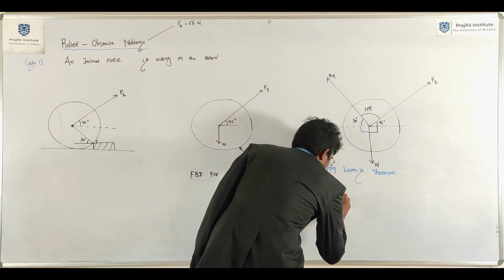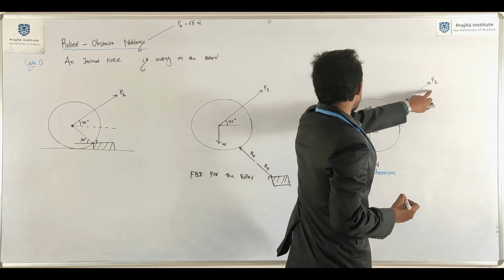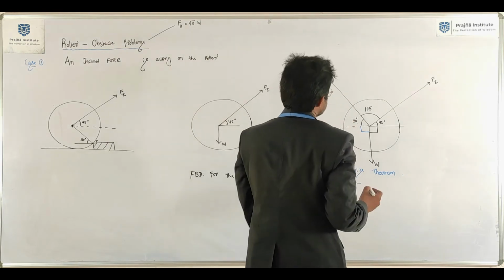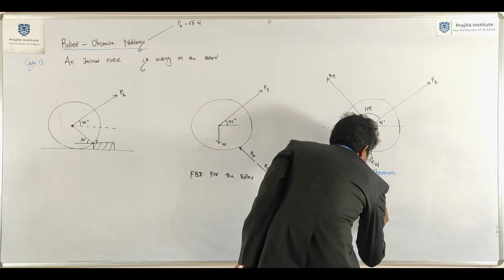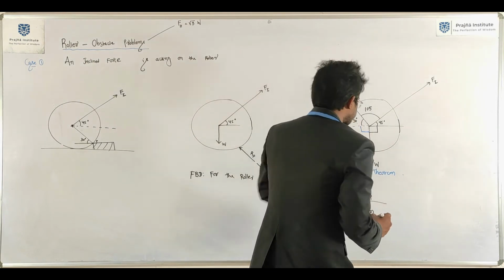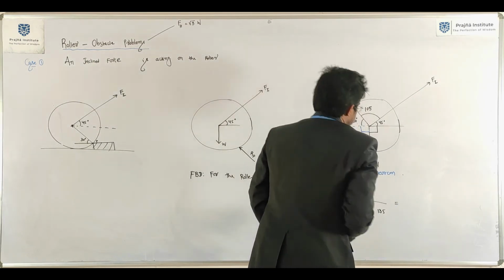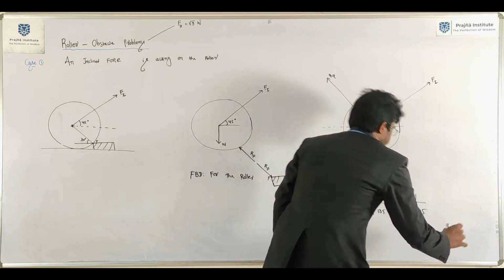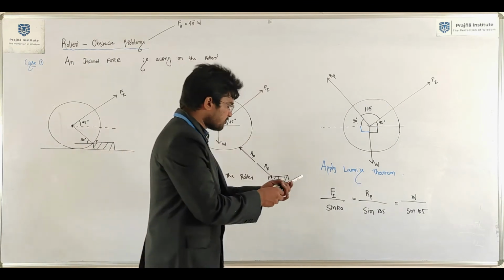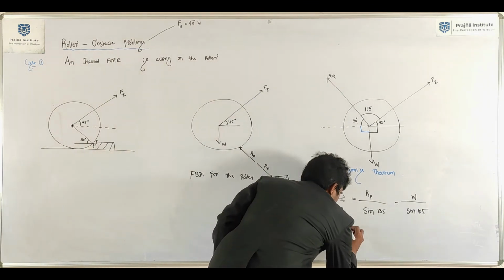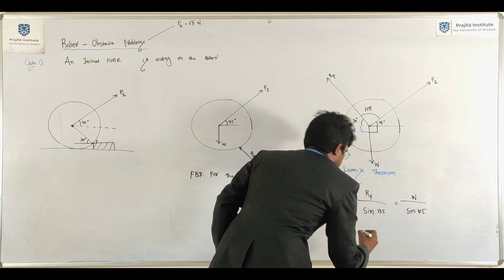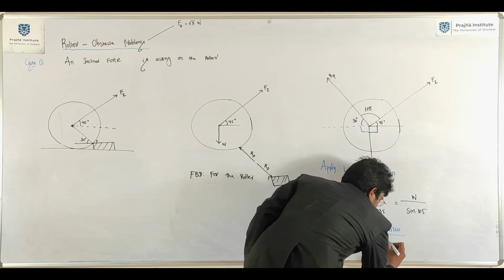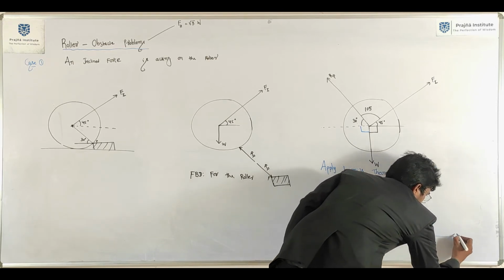Inclined force by sine 120 equals Rp by sine 135 equals W by sine 105. What is the magnitude of inclined force here? W sine 120 by sine 105 is equal to dash W.